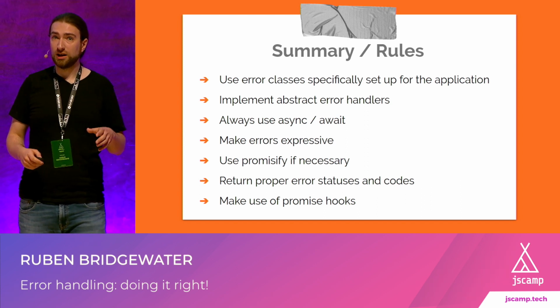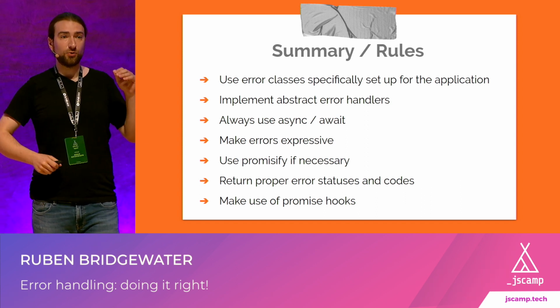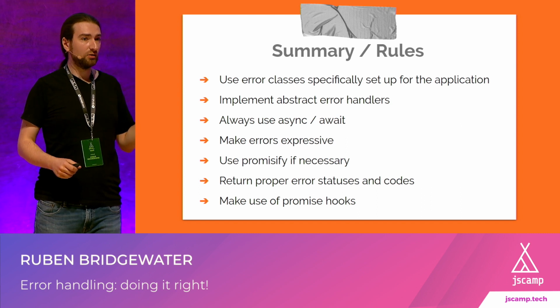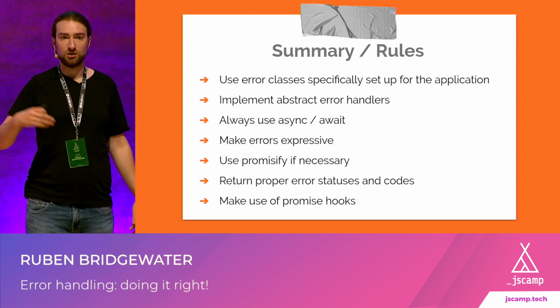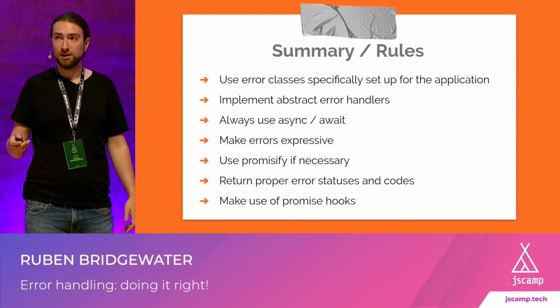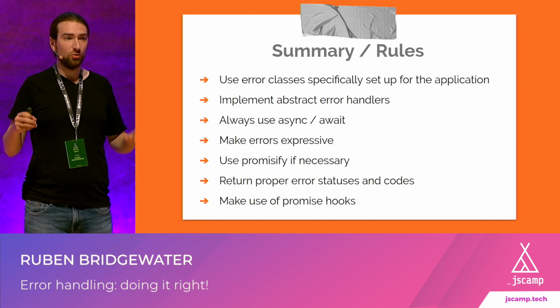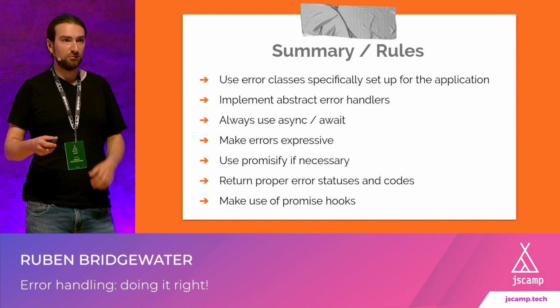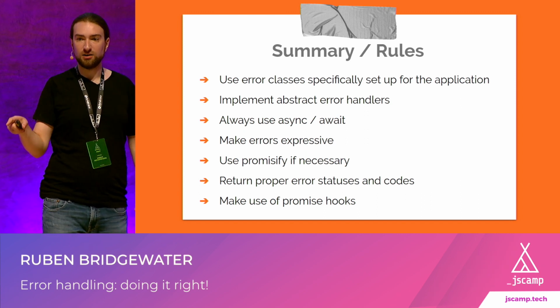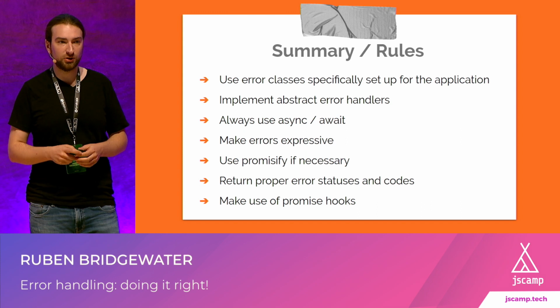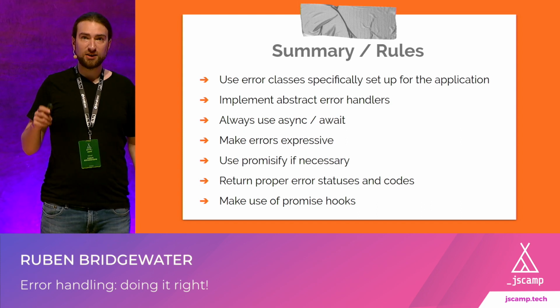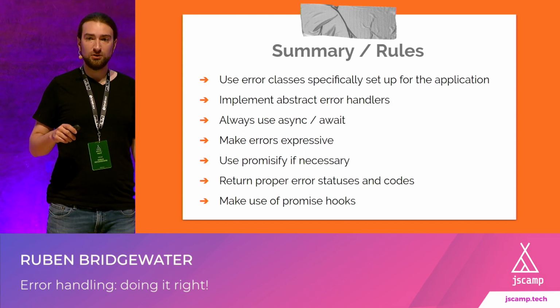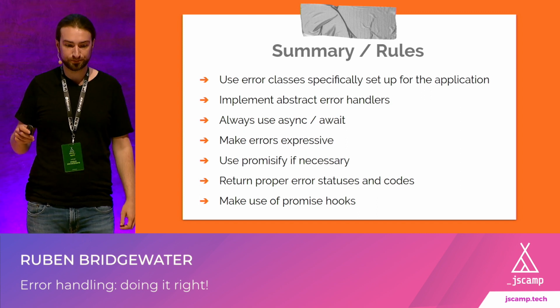Implement the abstract error handlers that are specific for the part of your application, no matter if it's the outgoing request or the incoming request and so on. And that way, you only have to handle your errors there. You don't have to just put a try-catch here and there and everywhere throughout your code. This makes the code readable, understandable, and more consistent.